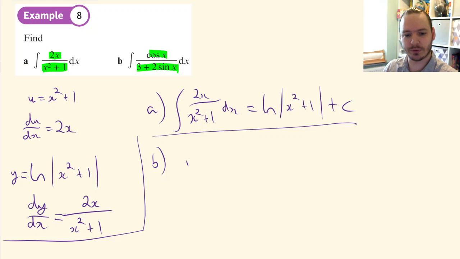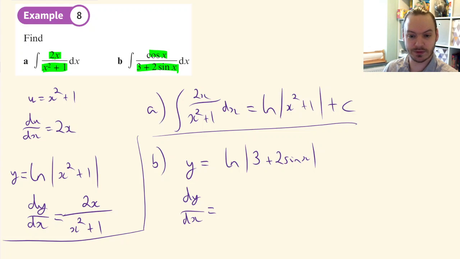So what I'm going to do is I'm going to start with, well, let's imagine that y equals ln of my denominator, 3 plus 2 sin x. In that case, dy by dx would be derivative of this, the 3 is going to disappear, differentiating 2 sin x is going to give us 2 cos x over the original, 3 plus 2 sin x.